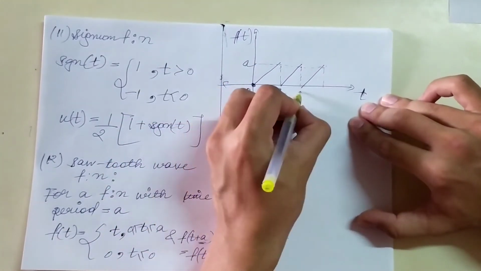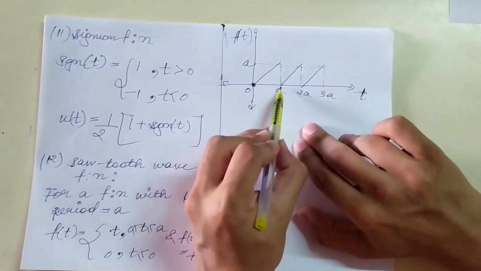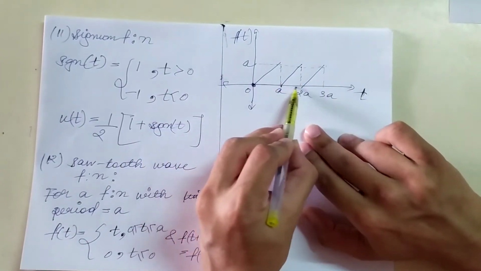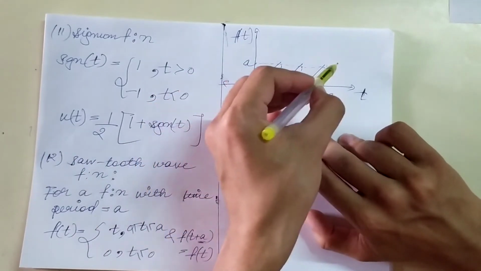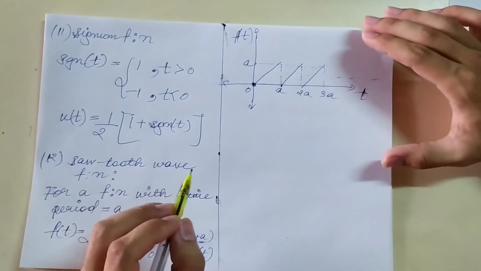Now this is a, this is 2a and this is 3a. So you can see that after every interval of a the function is repeating itself, and so on. This function will keep going.